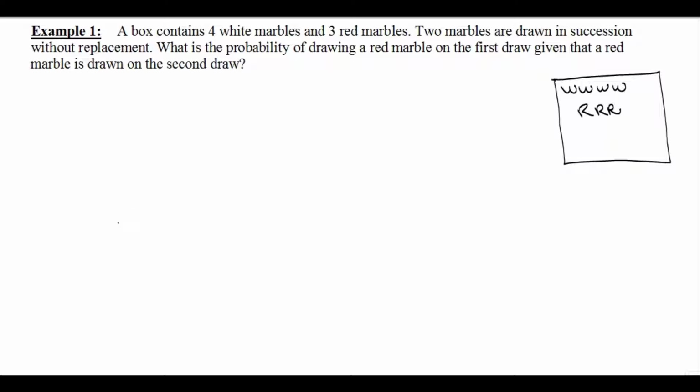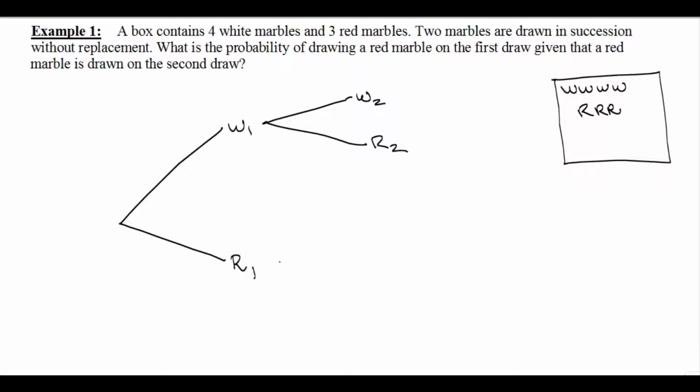What can happen? On the first draw, we can get a white or a red marble. And on the second draw, we can get a white or a red, a white or a red.